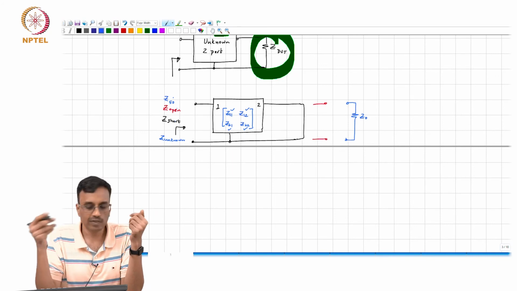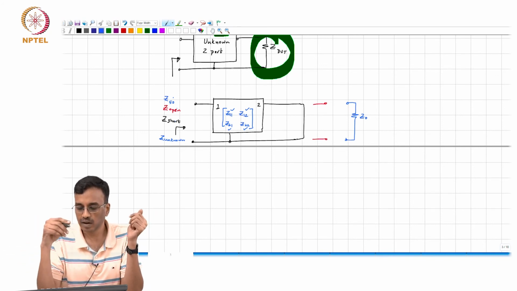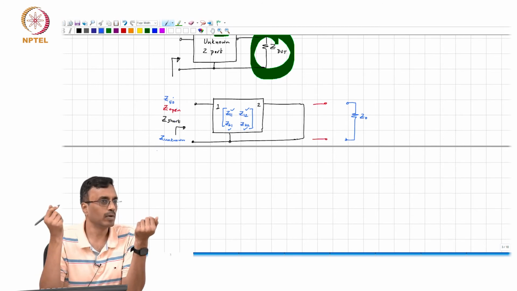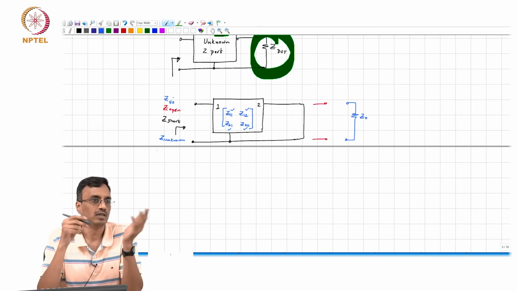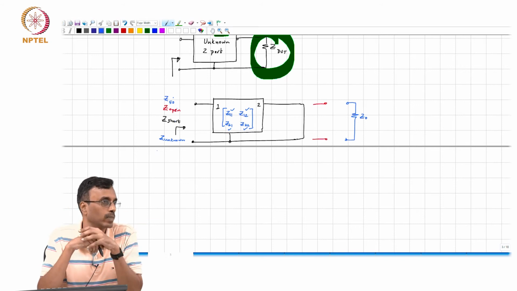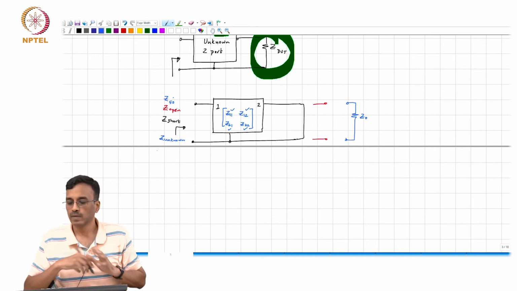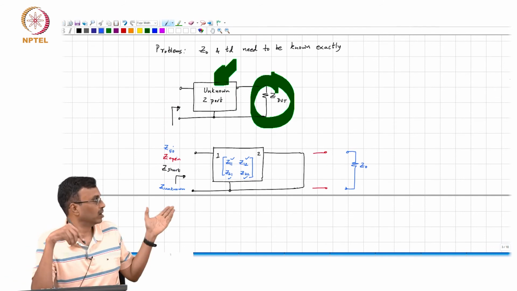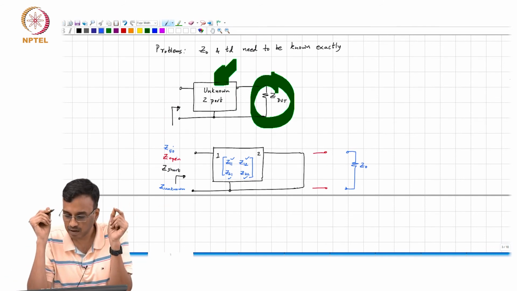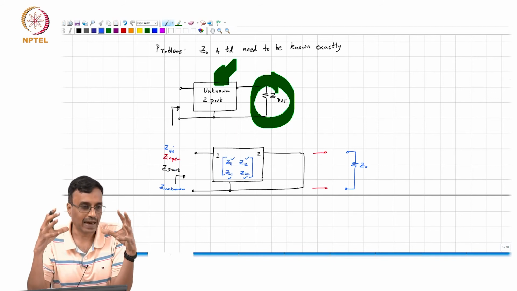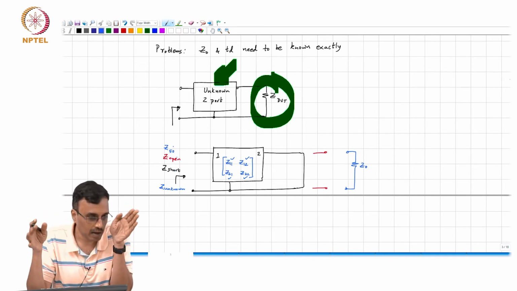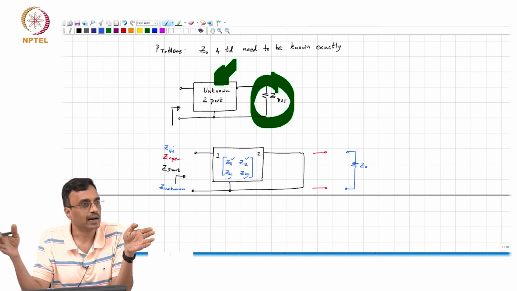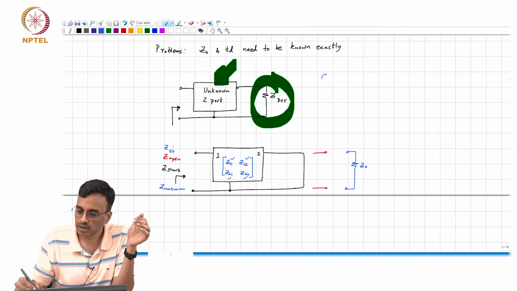Once you know this matrix and Z unknown, you will be able to figure out what Z dot is. This process of characterizing this unknown animal between the measurement port and the Z dot is called calibration.